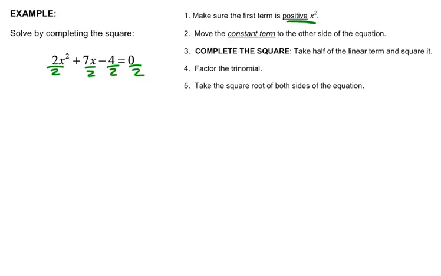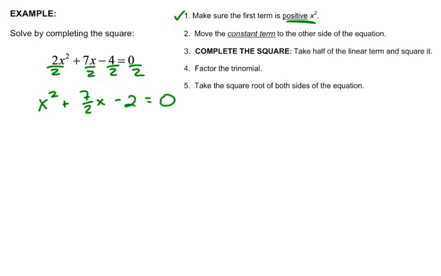In doing so, we're left with x squared plus 7 halves x, and yes, that is a fraction, we'll be okay, minus 4 divided by 2 is 2. Okay, so we've divided everything out to make sure we have a positive x squared as our lead term.